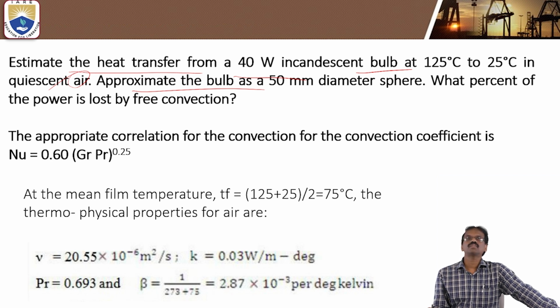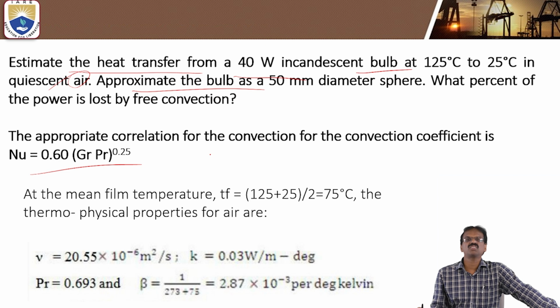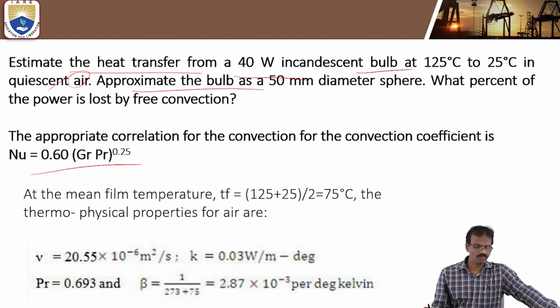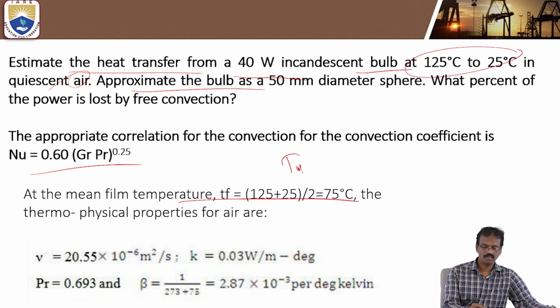What percentage of power is lost by free convection? The appropriate correlation is also given: Nusselt is equal to 0.6 into (Gr Pr) whole to the power of 0.25. The temperatures have been given, so we have to find the T mean: 125 plus 25, so that is 75.